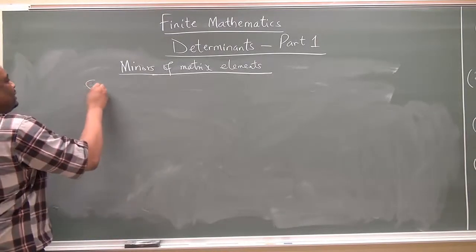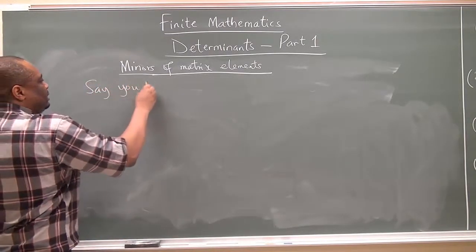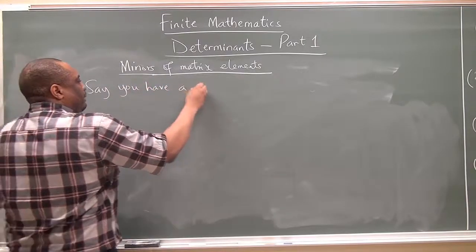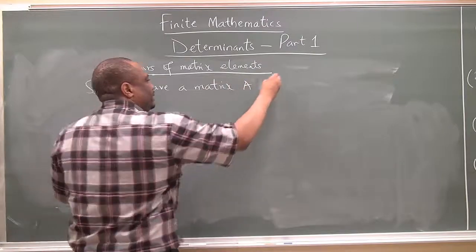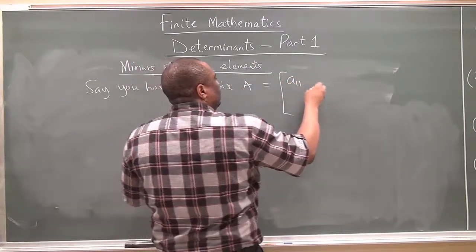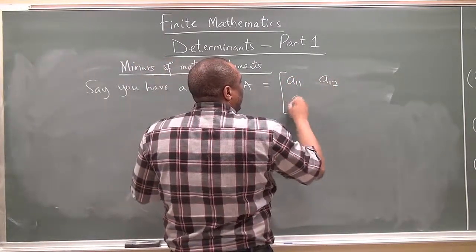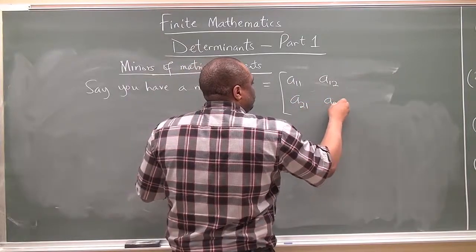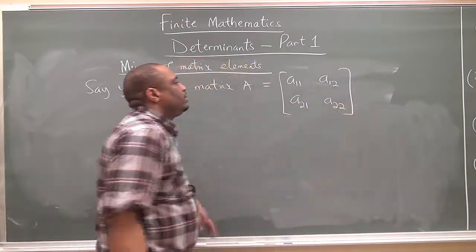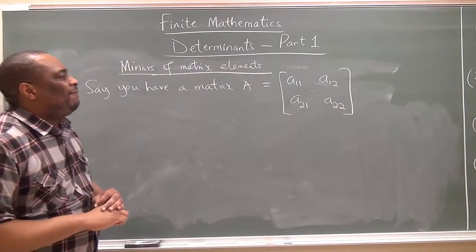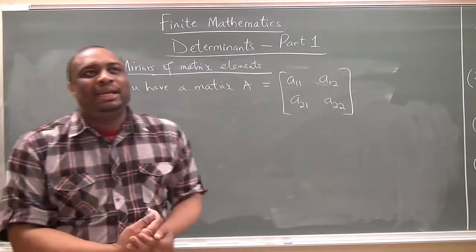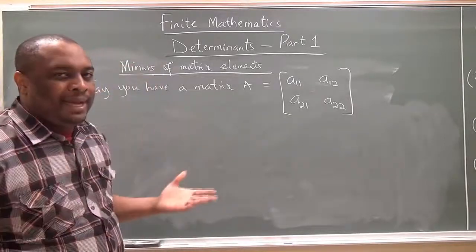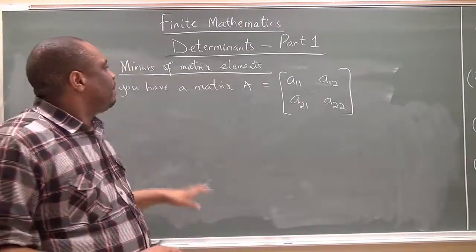Say you have a matrix A. Let's look at a 2 by 2 matrix: A11, A12, A21, A22. Minors are denoted by uppercase letters with subscripts.